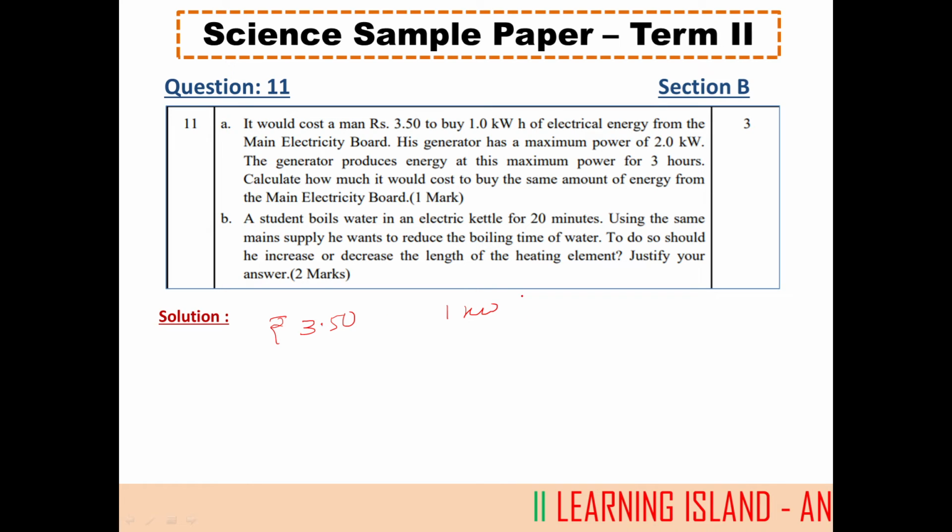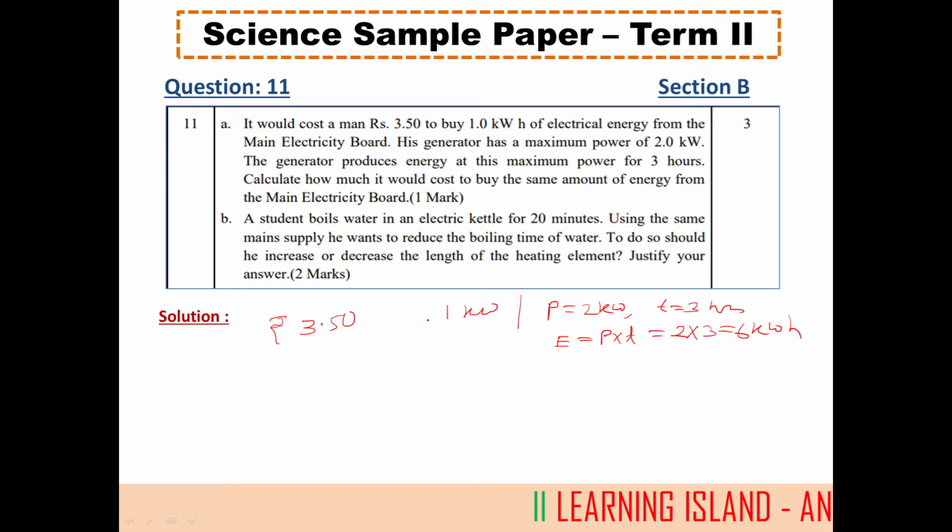So he has a generator of power 2 kilowatt which runs for 3 hours. So time is 3 hours. The total energy consumed will be P into T. We know that formula. So 2 into 3 equals 6 kilowatt hour.